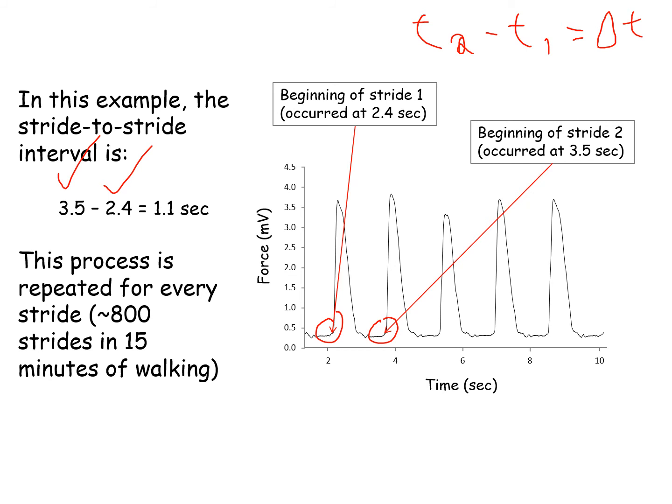Normally, if we're looking at gait analysis, this process is repeated for every stride. So roughly we get 800 strides in 15 minutes of walking. And we look at the stride to stride interval of all 800 of those. And that's where we start looking at, well, what was the standard deviation? What was the standard error? If you've already taken Kinesiology 370, hopefully those terms are not too alien to you, but we're looking at variability measurements between these strides.